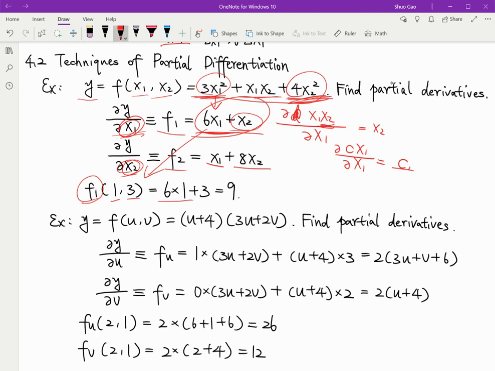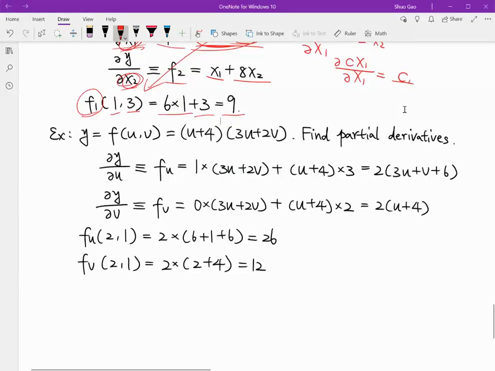So this is 6 times 1 plus 3, which is 9, right? Because the partial derivative is also a function of the two variables. So if you want to find out a specific data point or specific value, we need to plug in the specific values of the two variables.